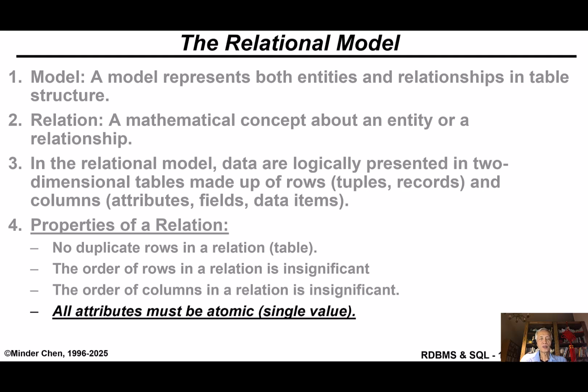All attributes, or cells, if I may use the term, in a relational database table should be atomic. Atomic means they should have just a single value. So you store, like, the price and the quantity, which should each have a single value. You cannot store multiple prices associated with a product record.